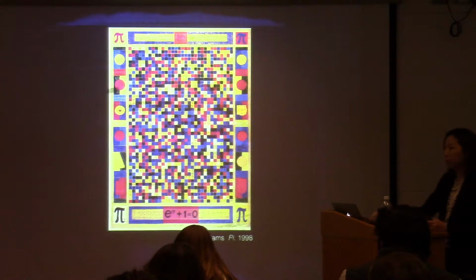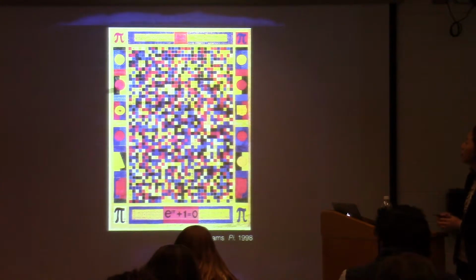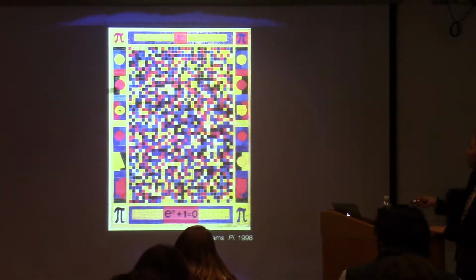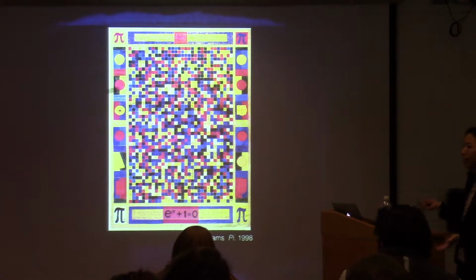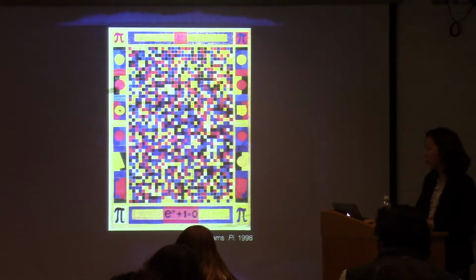This is another example of her work. This is basically correlating different colored tiles to the digits of pi. So this is a composition, and this is how she interprets the number pi.